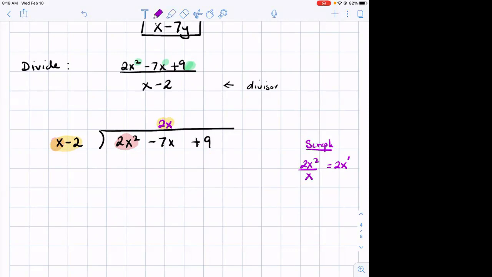So 2x times x becomes 2x squared. And then 2x times minus 2 becomes minus 4x.